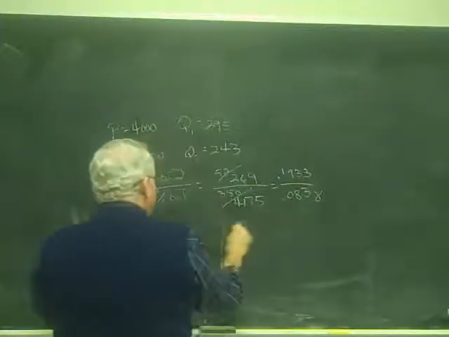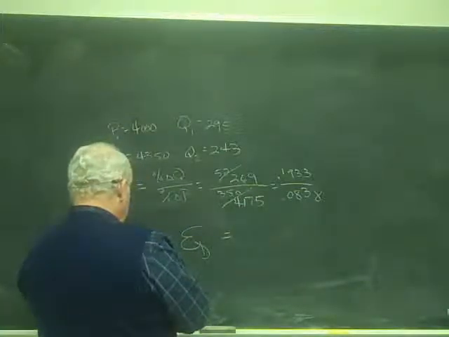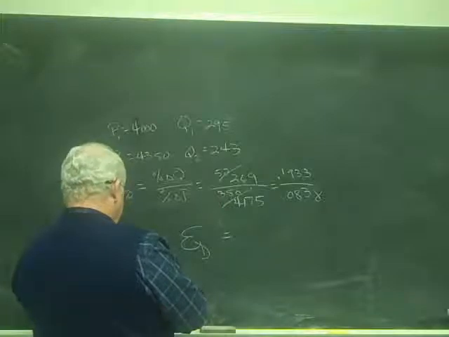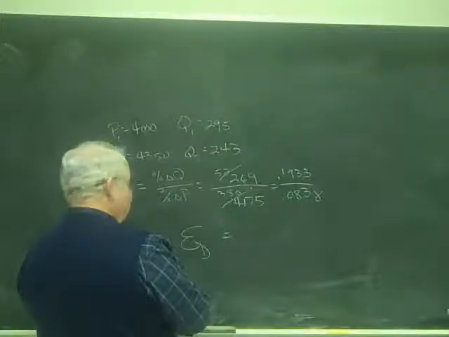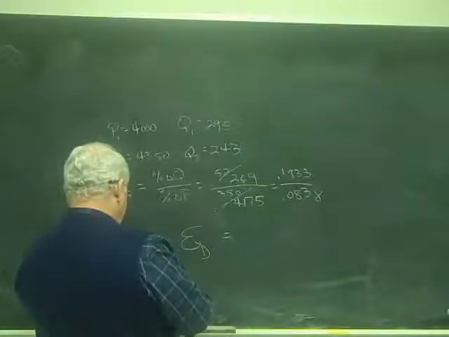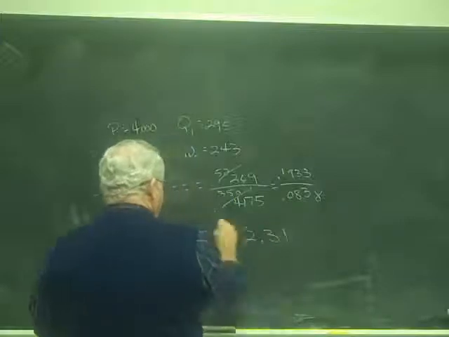I have 2.267. I have 2.33. Yeah, that's pretty good. 2.30668. I'm going to call it 2.31. Yeah, that's what I have.